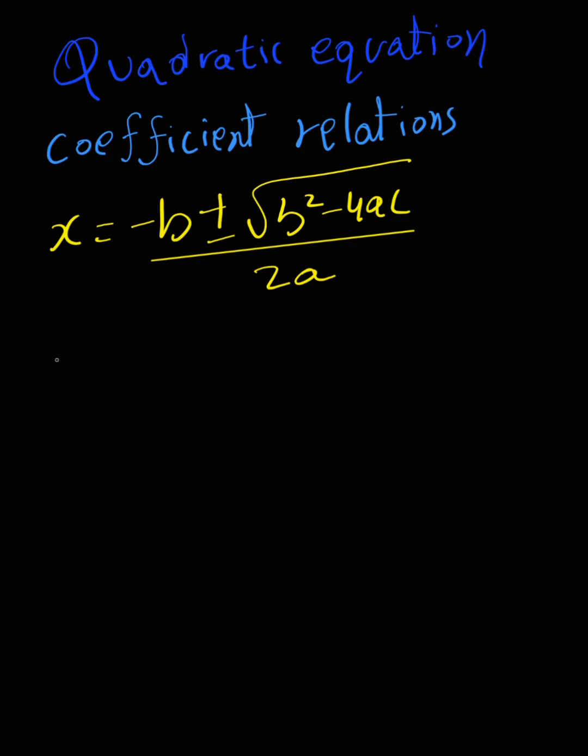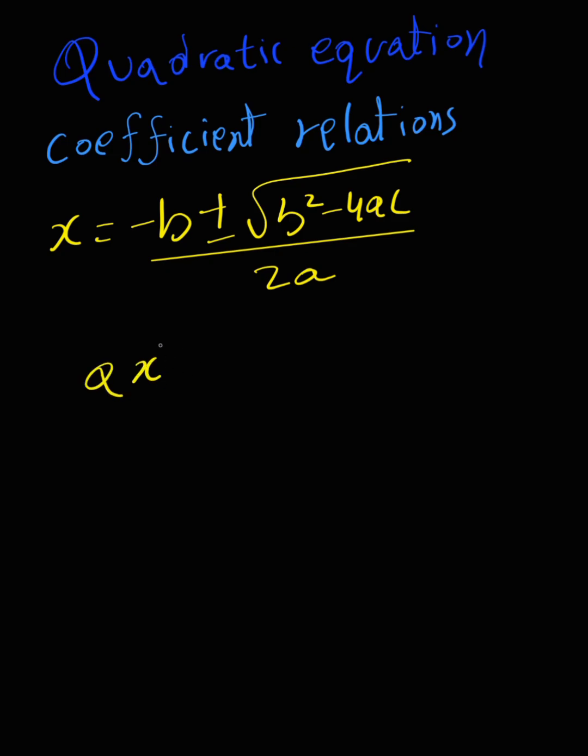The first relation: there will always be two roots for a quadratic equation, generally speaking. Let's call those roots alpha and beta.